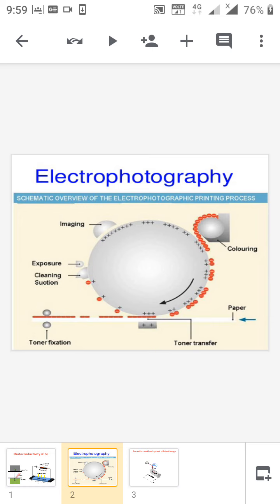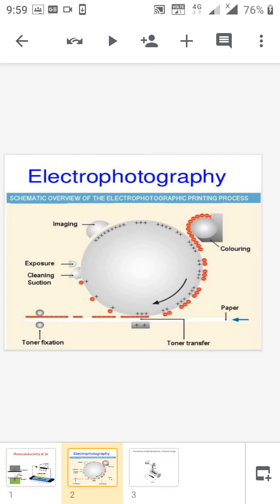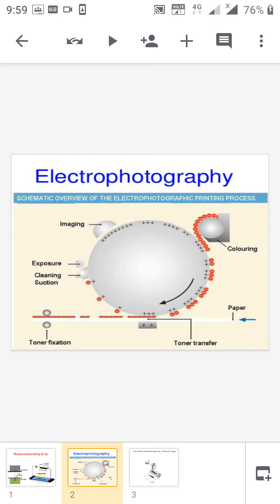So these are the steps involved while we are photocopying a paper. First of all, an aluminium drum is used in the photocopier, on which selenium is coated. The first step is charging of the photoconductor, and the second step is that the latent image is copied on the receptors.